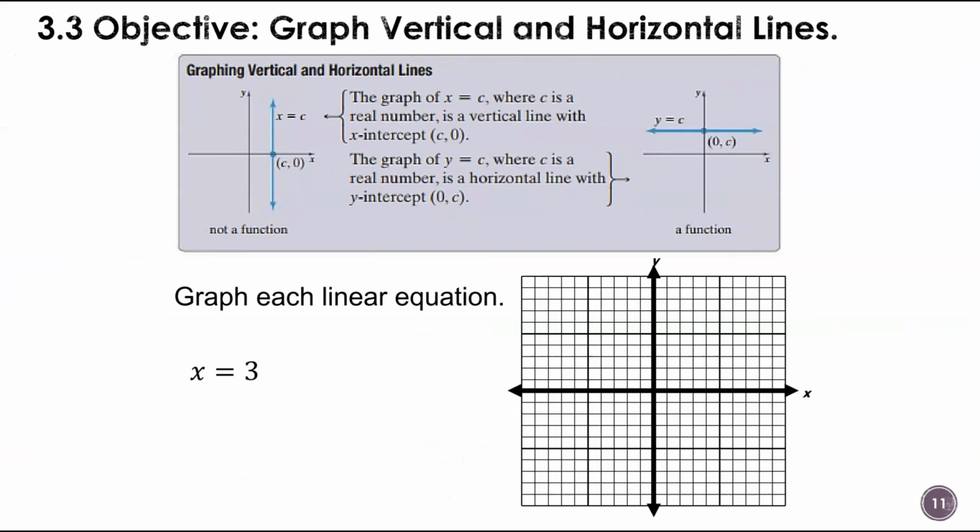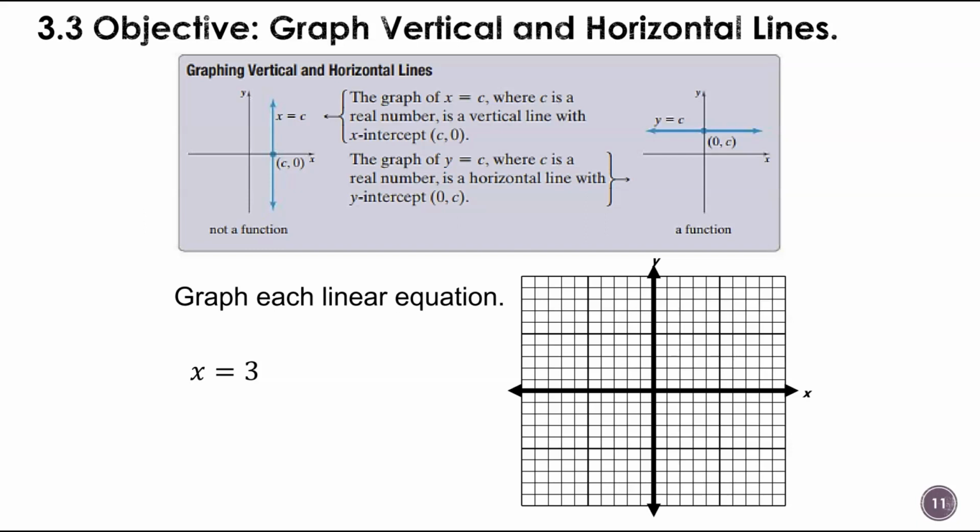Okay, so next are vertical and horizontal lines. Now, these seem to be one of those things that students sometimes have a hard time with. They have some difficulty understanding and recognizing. The whole thing here is you have to recognize an equation of a horizontal or vertical line.